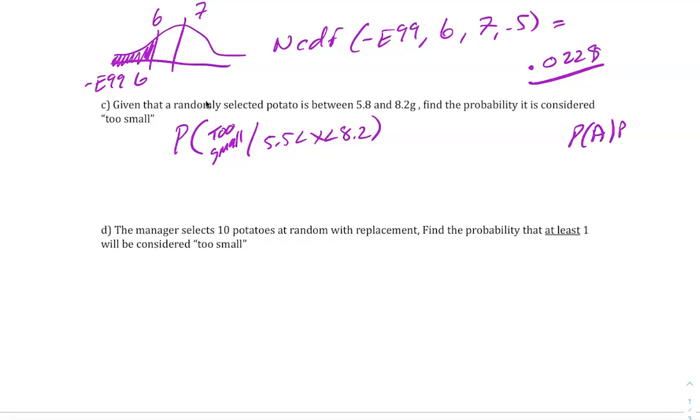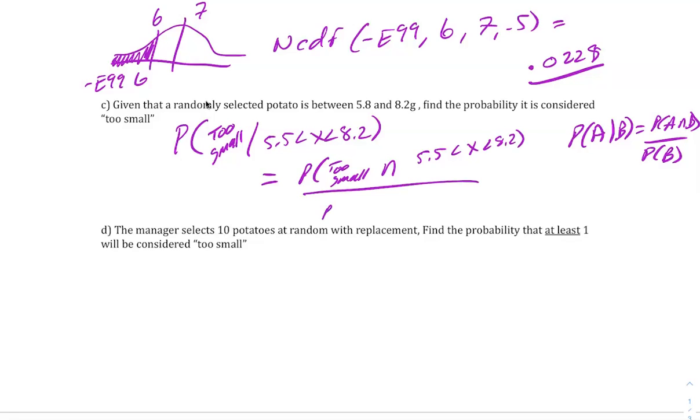A given B, which is probability of A intersection B over probability of B. So in this case, that's going to be probability of too small and between 5.5 and 8.2 all over probability of between 5.5 and 8.2.